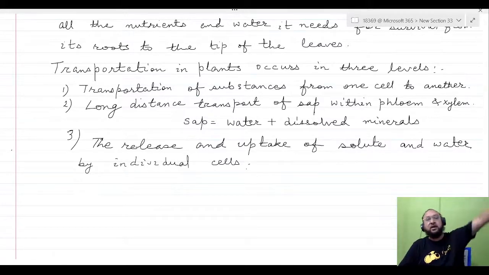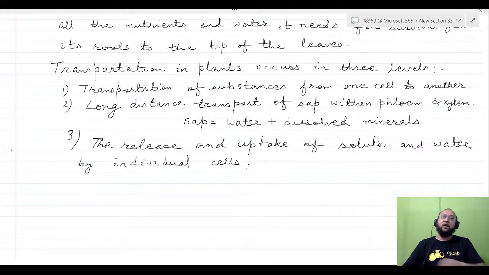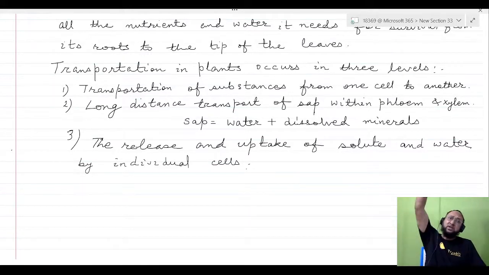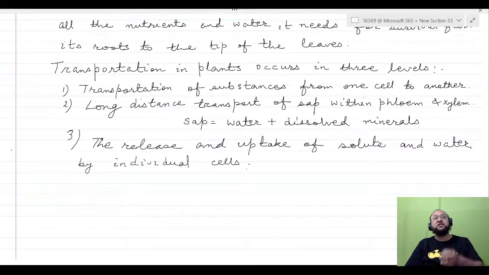In this way it forms a continuous chain. Second is long distance, because there are lofty, tall trees. The water is absorbed from the roots and can reach up to the tip of the leaves in the upper region of the plant. That is because there is special conducting tissue, xylem and phloem, which conducts the water plus dissolved minerals, that is sap.